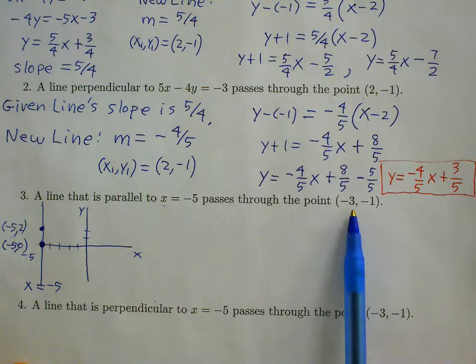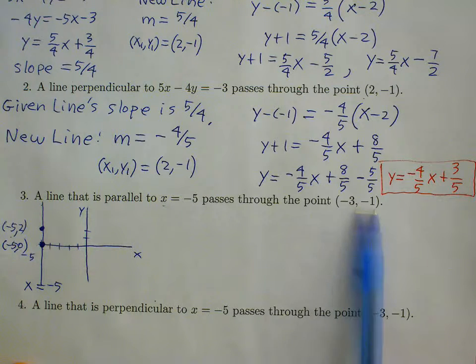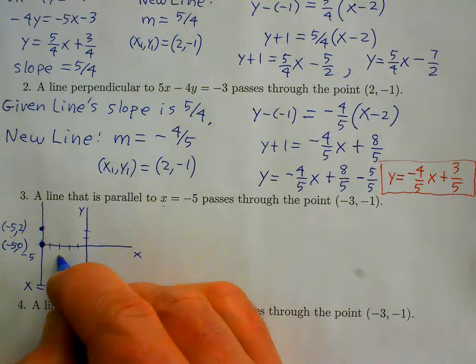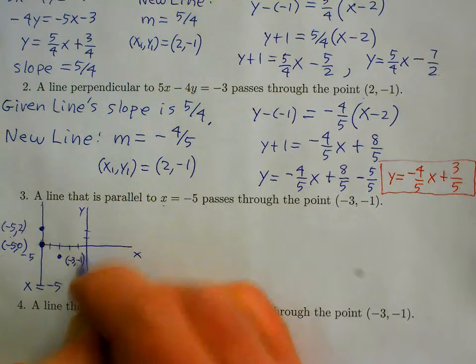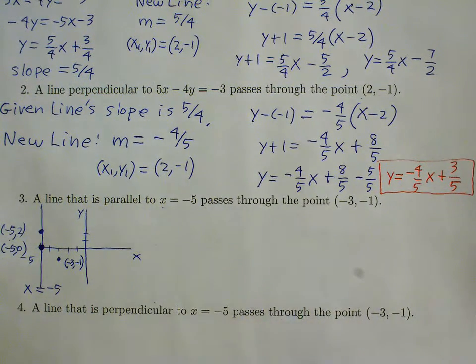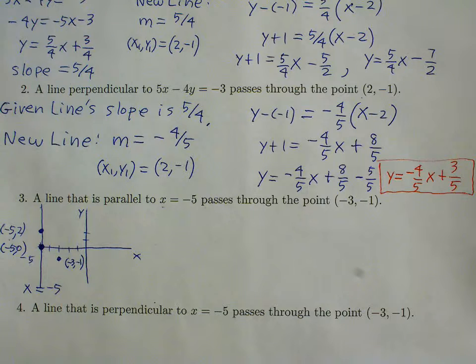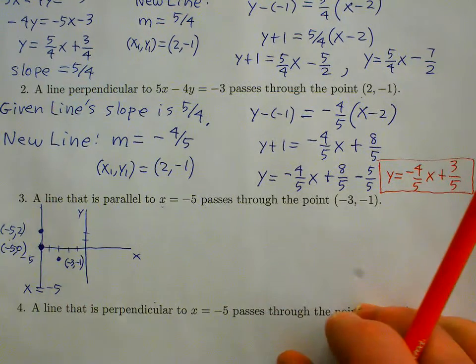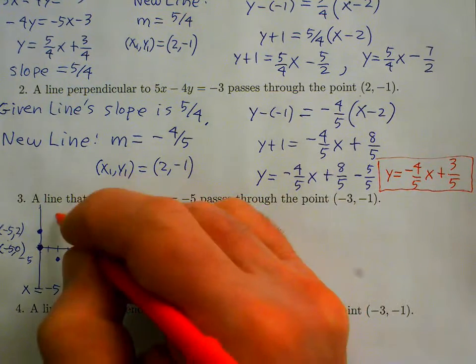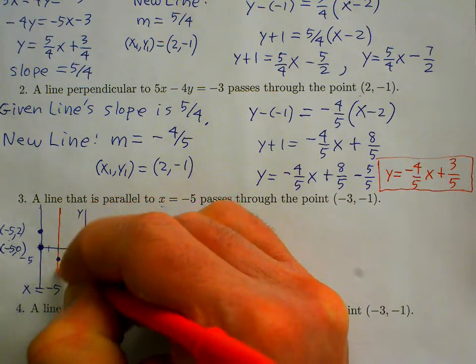And then this other point is given, -3, -1. So that's right here. I'll label it -3, -1. And if the line passing through -3, -1 is parallel to the vertical line x equals -5, then the new line must also be vertical.